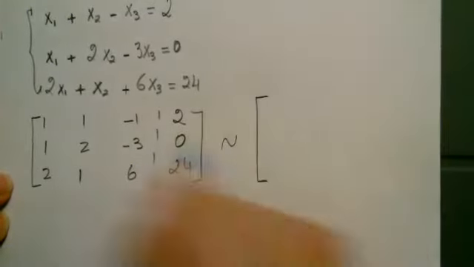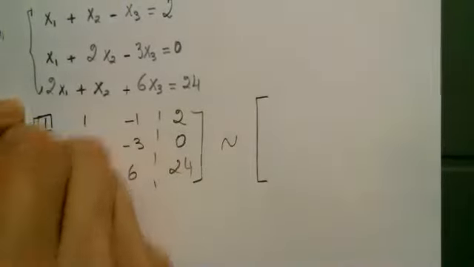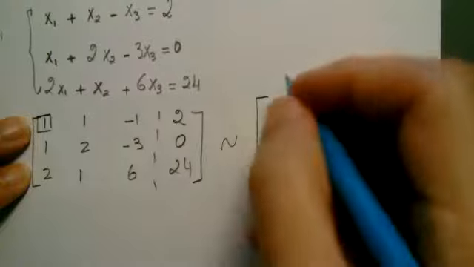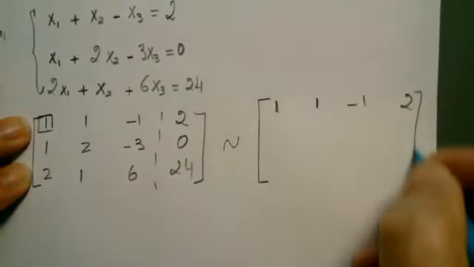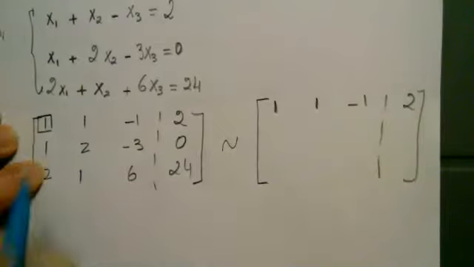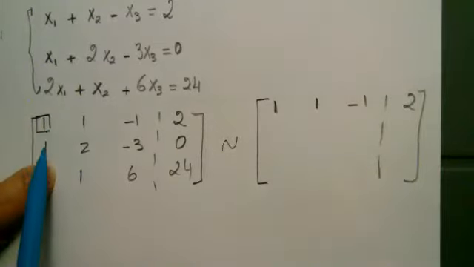Whenever I produce a row operation, I create a leading entry. My leading entry is right there, it's a 1, 1, minus 1, 2. Then I use this leading entry to create a 0 under it, and to do that we do replacement.